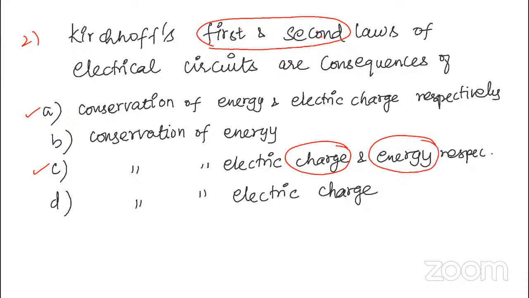It is a very simple question, but sometimes we may lose this mark because of the alterations, that is first law second law or second law first law. We must know that for sure.